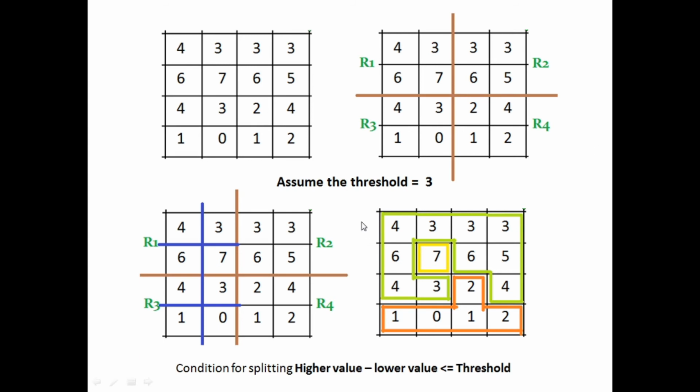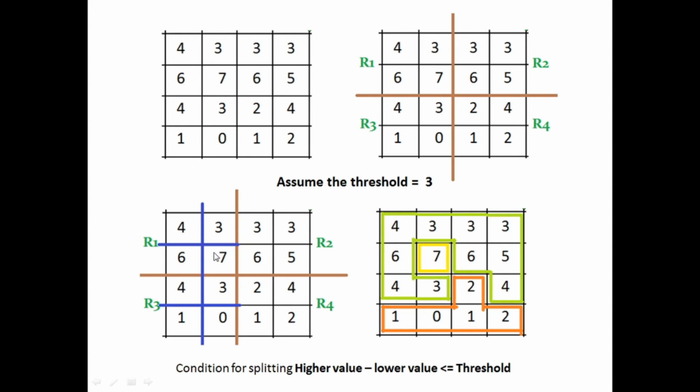As soon as the splitting activity is completed, we need to merge the image. So how do we do the merging operation? In the process of merging, R2 is one region, R4 is one region, and R1 and R3 are divided into subregions.